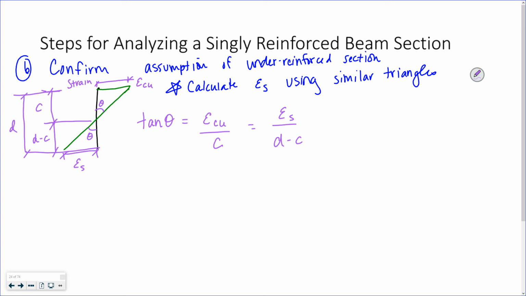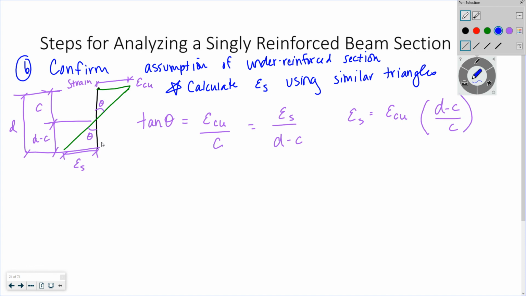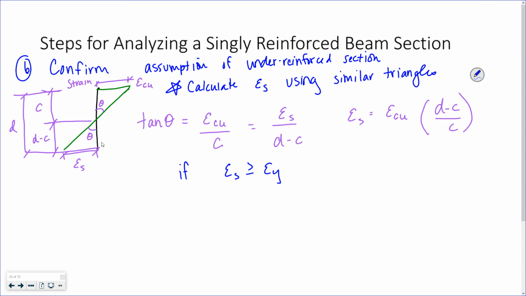So I can solve for ES, which is equal to my ultimate strain in my concrete, 0.003, times D minus C over C. If my strain is greater than my yield strain for the steel that I'm using, great.